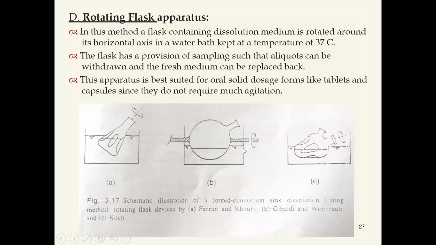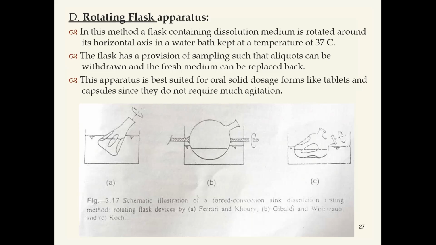The flask has a provision for sampling, so that aliquots can be withdrawn from the medium. After withdrawing the sample, we need to replace it with fresh medium. So this is the rotating flask apparatus.